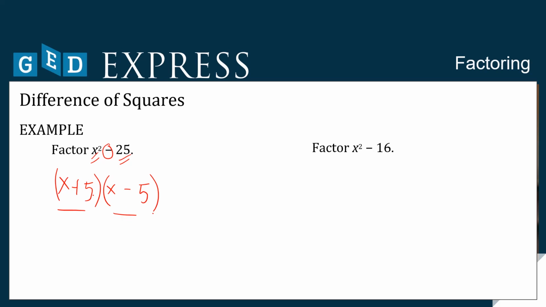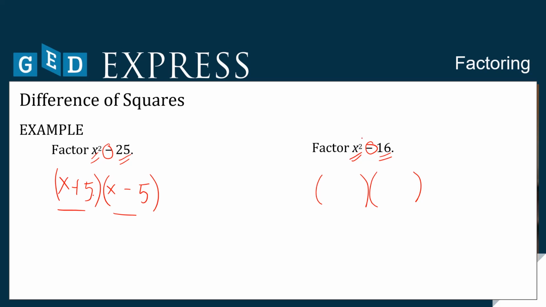Okay, let's try another example for this type of factoring. Factor x squared minus 16. x squared is a perfect square, 16 is a perfect square, and the operation is minus. That's why we call it difference of squares. Then the answer is two binomials.